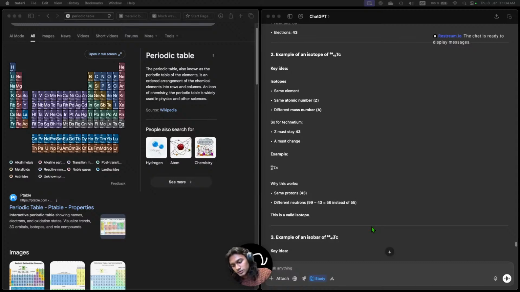Isotope is the same atomic number. Protons plus neutrons, that's atomic mass. What? Yeah. Atomic number is just protons. Okay, okay.